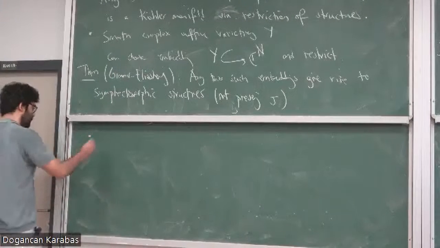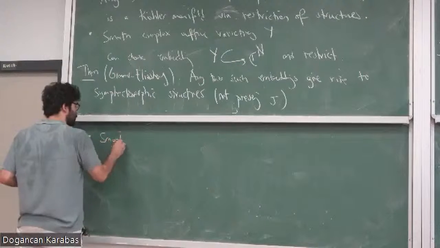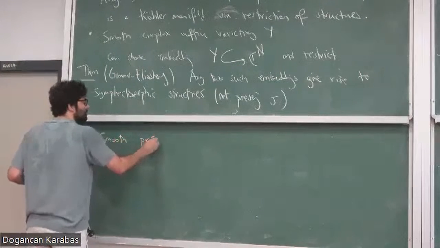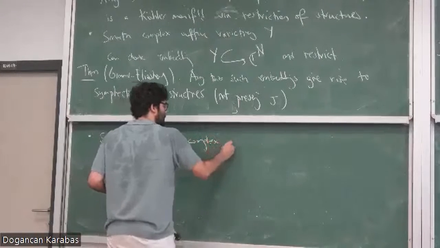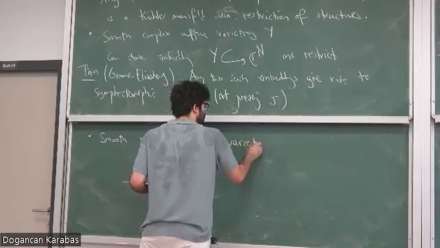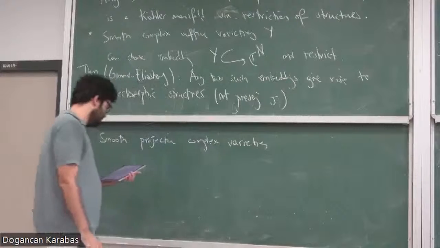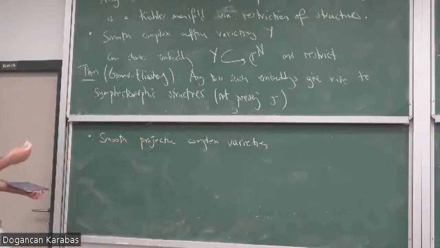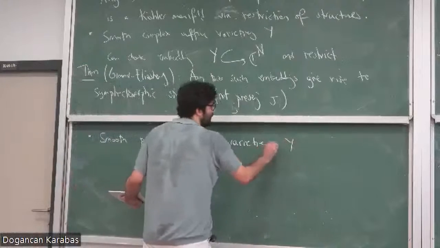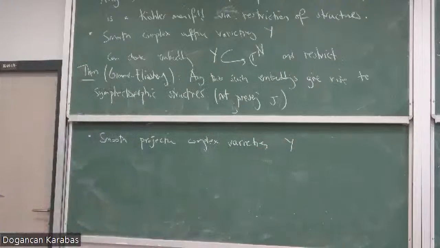So the second thing is smooth projective complex varieties. Okay. So again, projective means that this variety that you have can be embedded into projective space. That's what it means. But again, there can be many different embeddings.